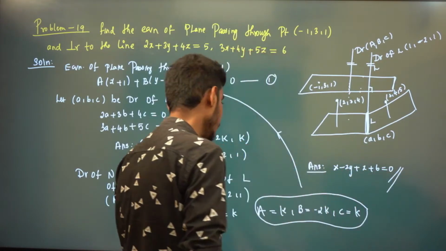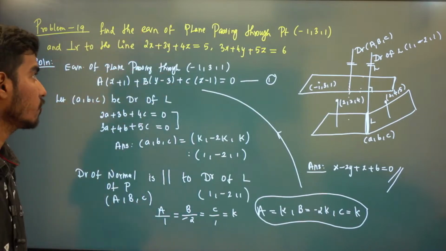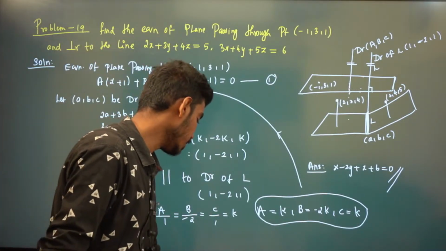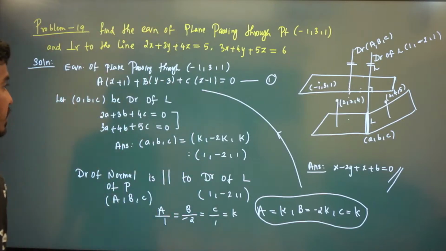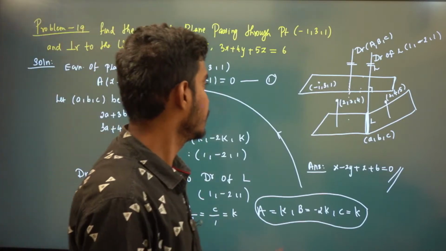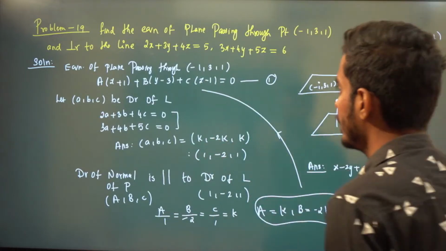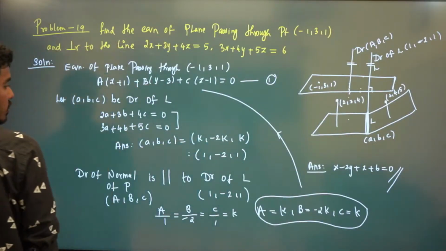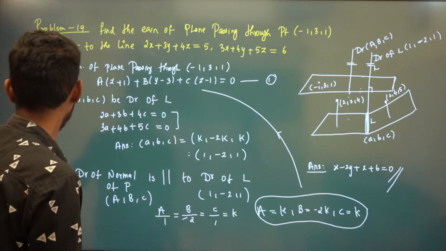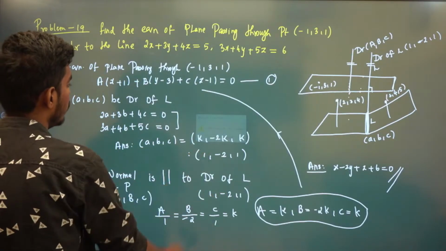These kinds of problems are very important. You need to find an equation of a plane passing through a point and perpendicular to a line that is given in general form, right? So you just have to make use of this idea. I think it will be clear, right? So just practice all these problems. I think you will be able to do any problem with this.